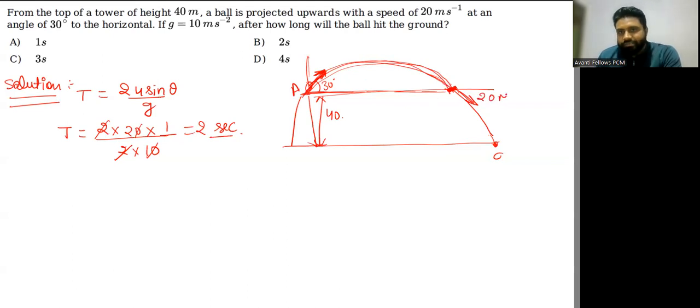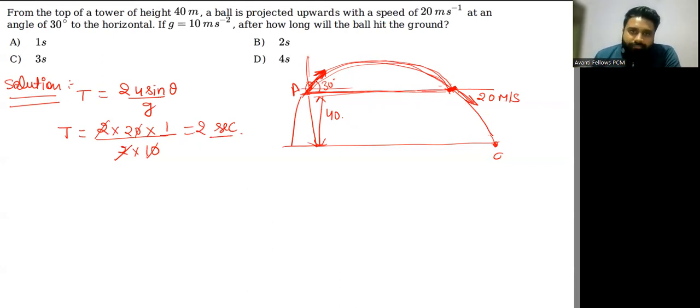So here the speed will also be the same at the same level. Got it? Now, 20 meter per second is the speed you have, and 40 meter is the height in the vertical direction.